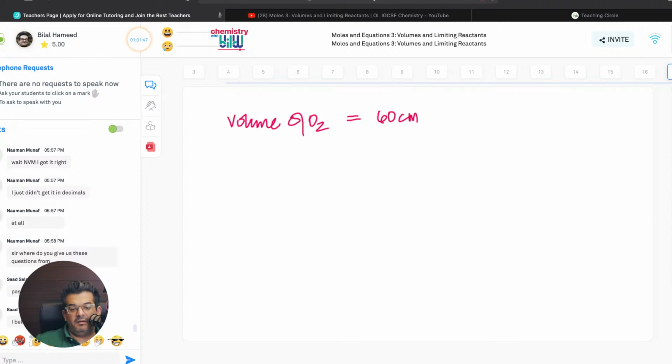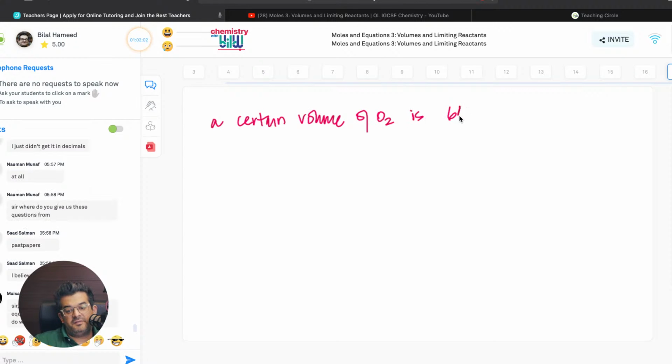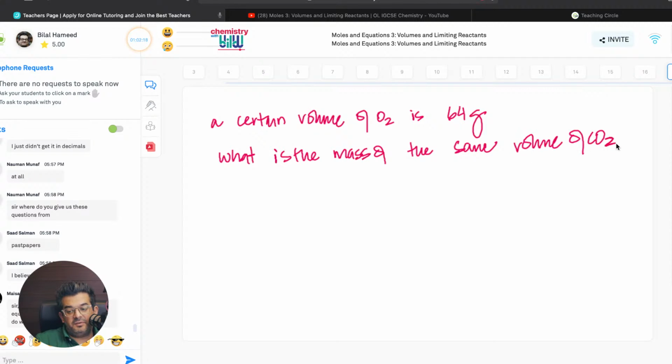So what I'm saying is, a certain volume of oxygen is 64 grams. What is the mass of the same volume of CO2?